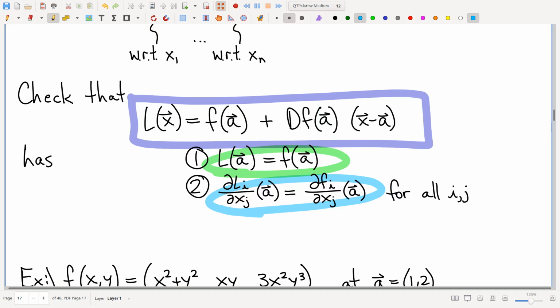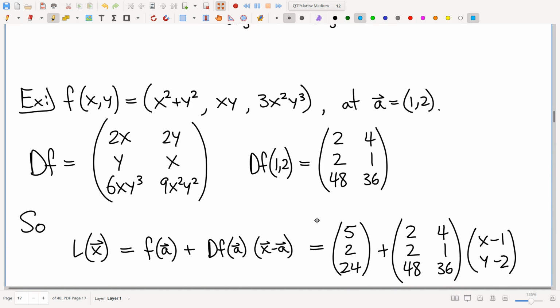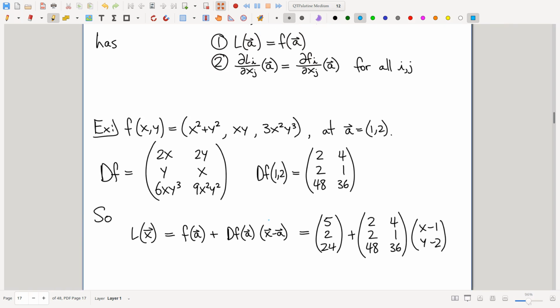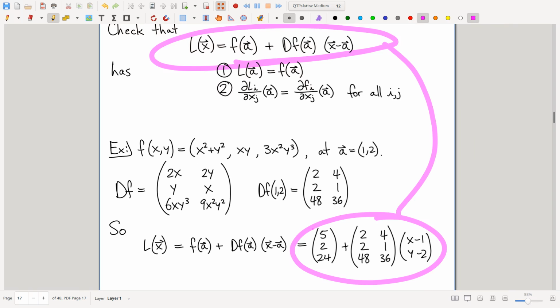Okay. Oh gosh, we're short on time, but let me just kind of wave my hands at this. This formula right here, you can again just plug in. Most of the work is evaluating the Df matrix, which comes from first taking the appropriate partials.